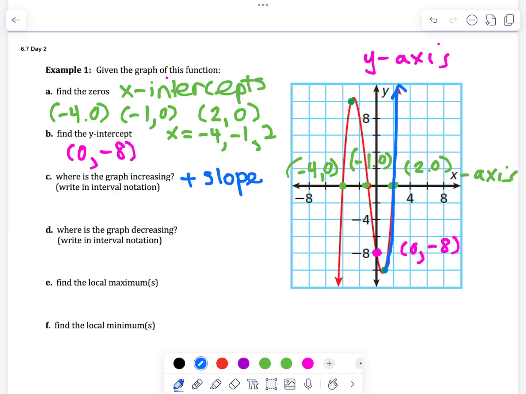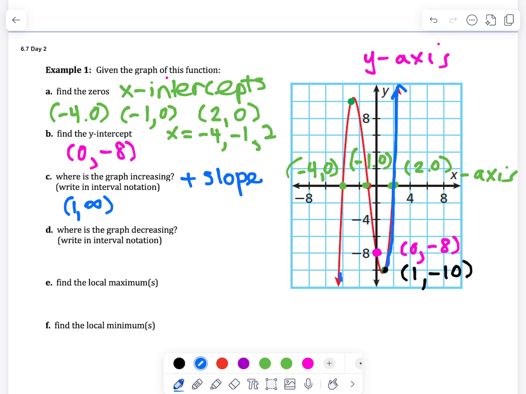So that point that it's its lowest right here is over 1, down 10. So the interval for what that blue piece is increasing is again on the x-axis. So that would be at 1, and then it goes to infinity.